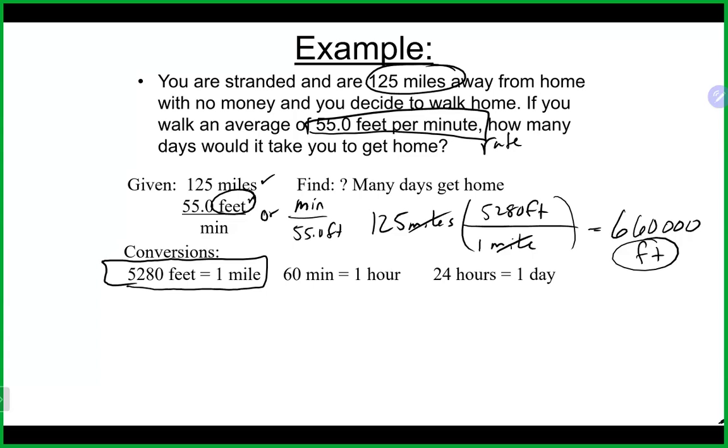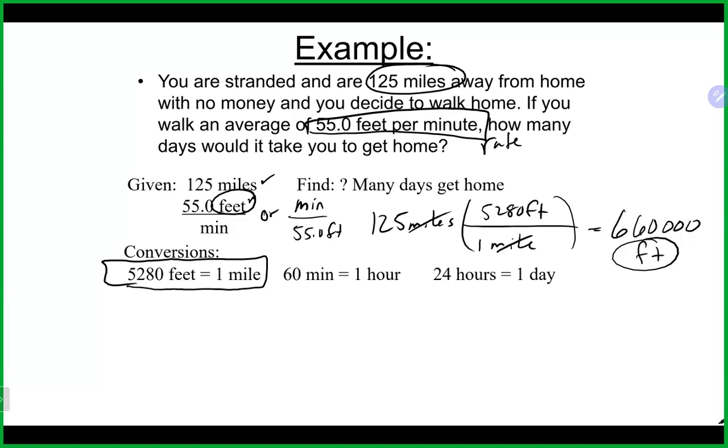Divide by 60, hit equals. Divide by 24 on the bottom, hit equals. Yeah, you will get the right answer. It is 8.333, a bunch of threes.